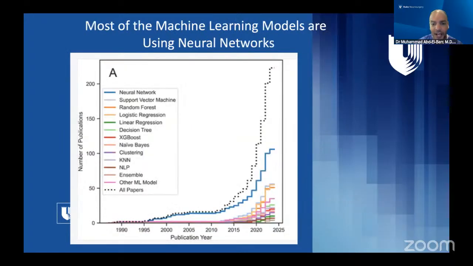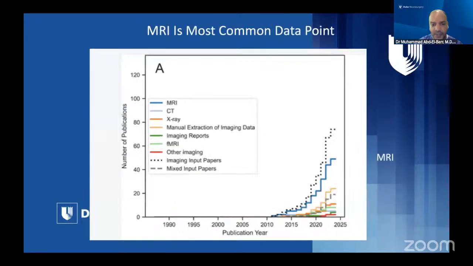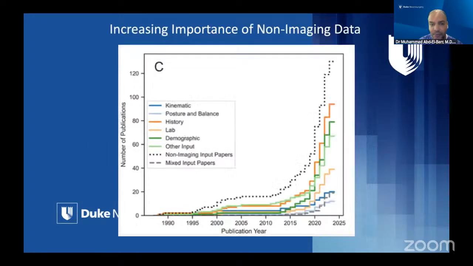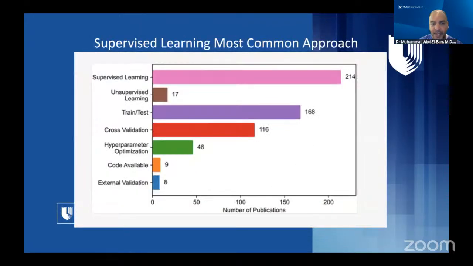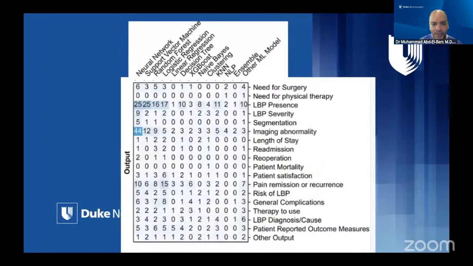If we look at the type of machine learning that's been used, most of it is neural networks. MRI is a key part of this, but other people are starting to look at things other than MRI. On the negative side, we found that cross-validation or external validation was only very minimally discussed.